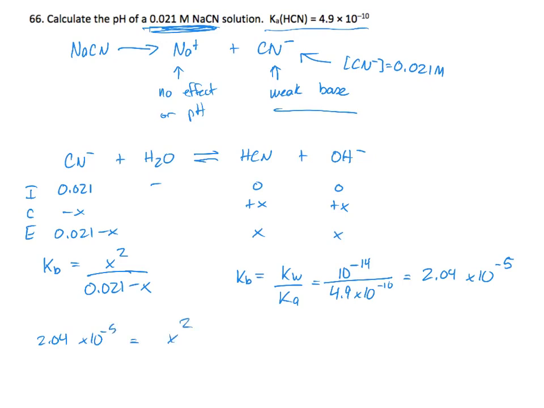Okay, great. So now we can rewrite this as 2.04 times 10 to the minus 5 equals X squared over 0.021 minus X. Once again, we would love if we were able to remove that little minus x. So we're going to do that test to see if that's an okay thing for us to do. So that test I'm going to do off on the side in green.